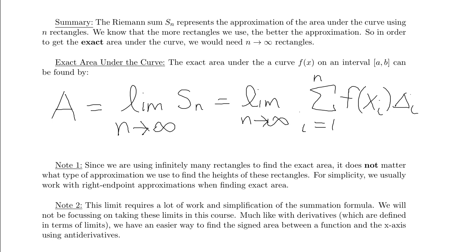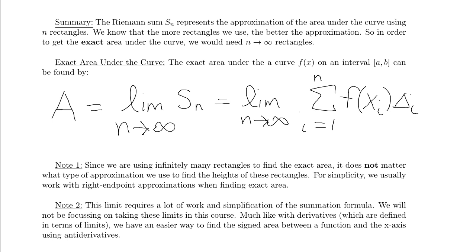And there is actually a nice analogy with derivatives. If you remember at the beginning when we learned derivatives, we figured out that the derivative is defined as a limit. So we had this long limit definition of the derivative, which allowed us to find the derivative using limits. And then afterwards we learned quick rules for the derivative, and that allowed us to not have to use the limits anymore.